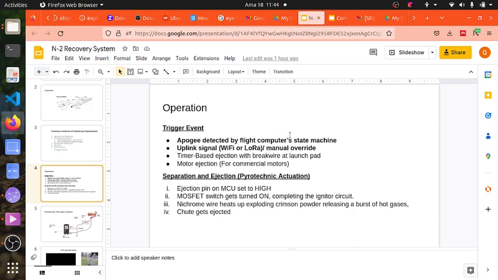okay, the rocket flight computer has sensors, BMP sensors and MPU. So these sensors are calibrated to give the altitude, the velocity, acceleration of our rocket.